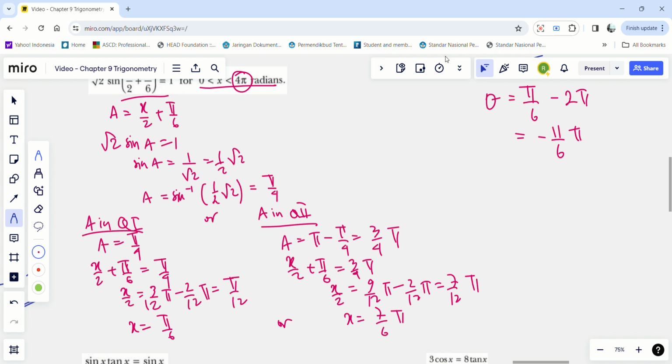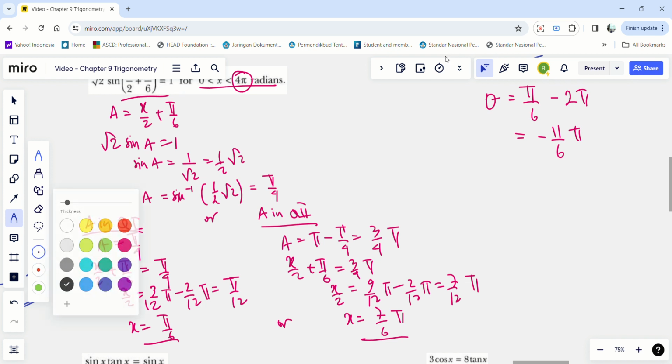So we get two answers, but the domain given is until 4 pi, and we're only touching until 7/6 pi, which is less than halfway. So how do we get the remaining half?